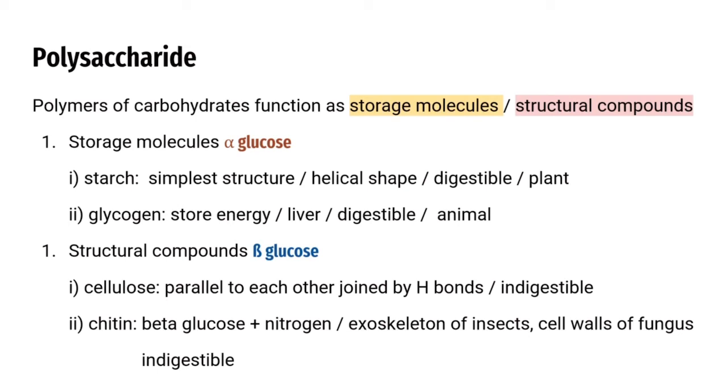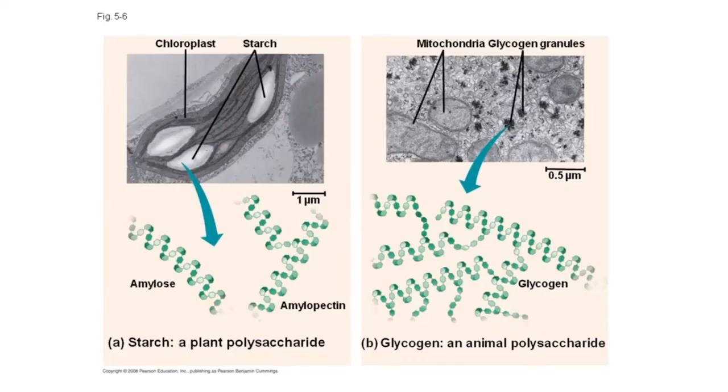Chitin is also indigestible. Lobster shell and exoskeleton of insects would be examples. This would be an example of polysaccharides that function as starch.